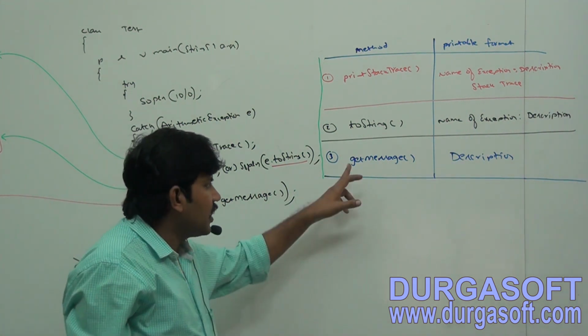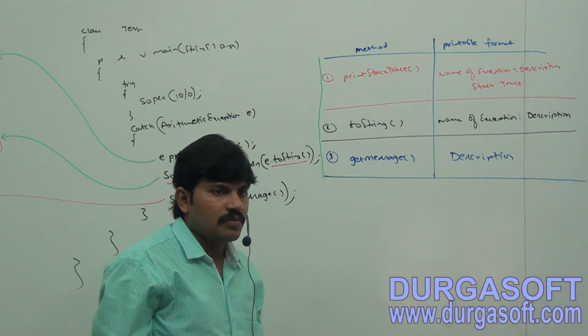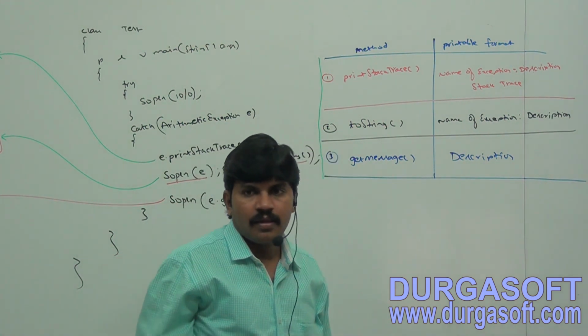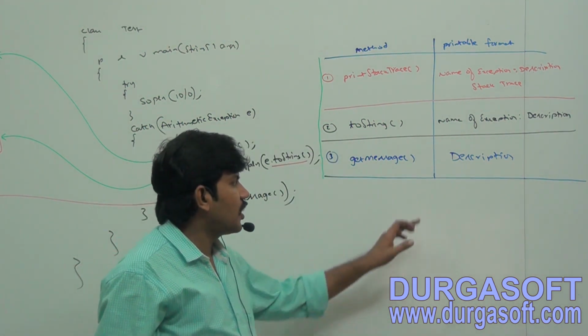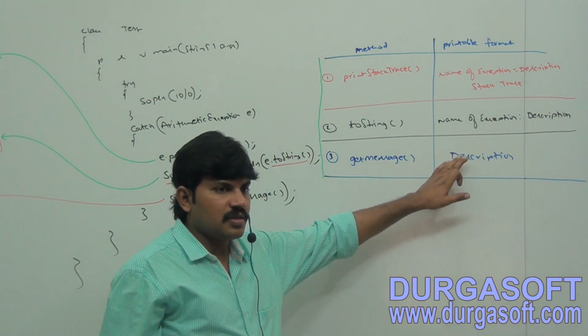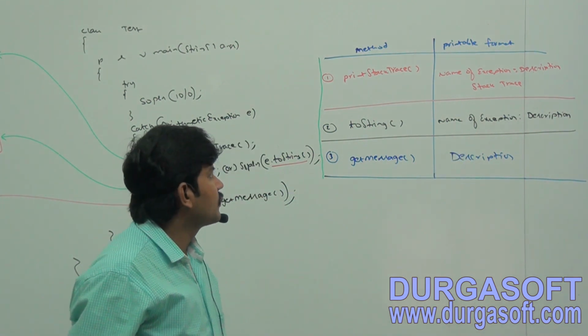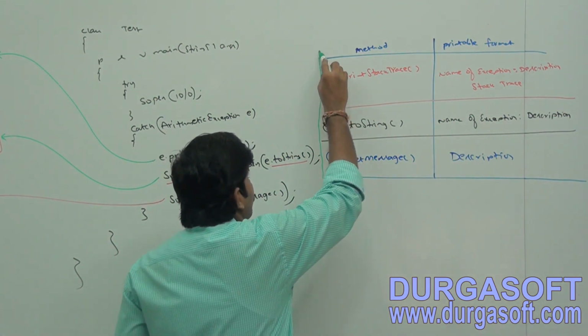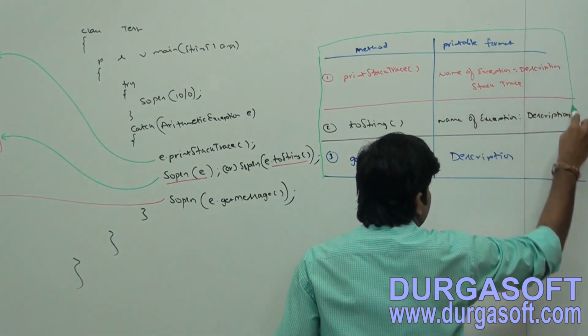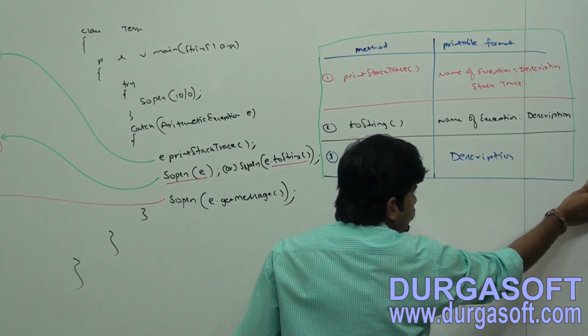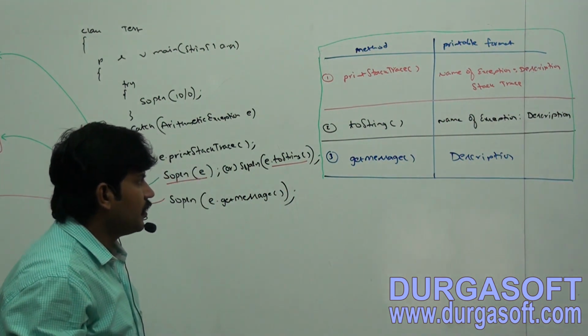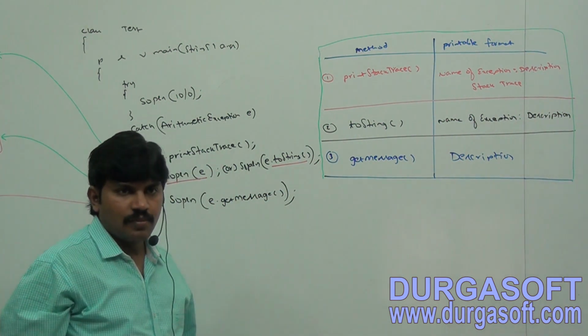Next, third one, getMessage. Can I spell out what is the answer? Just a description. getMessage itself is a description. Okay, description. Are you able to understand?